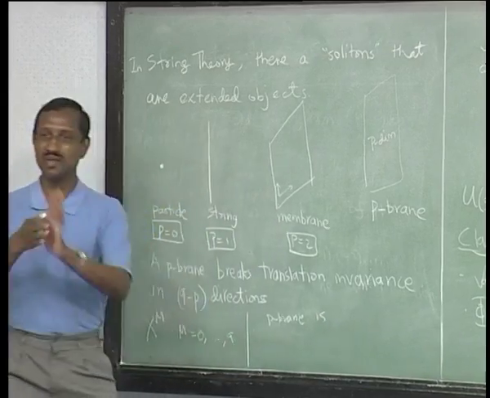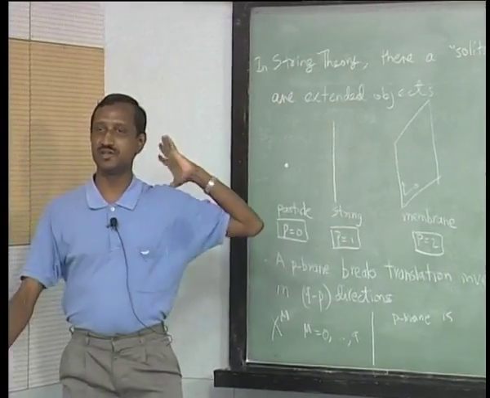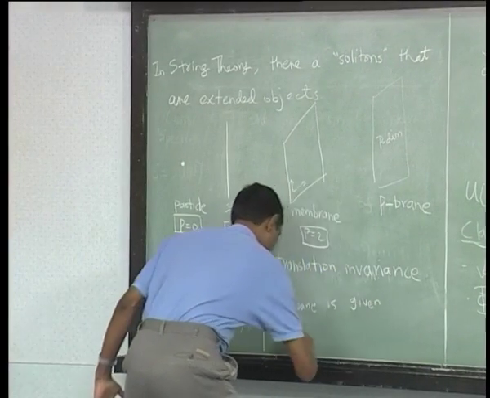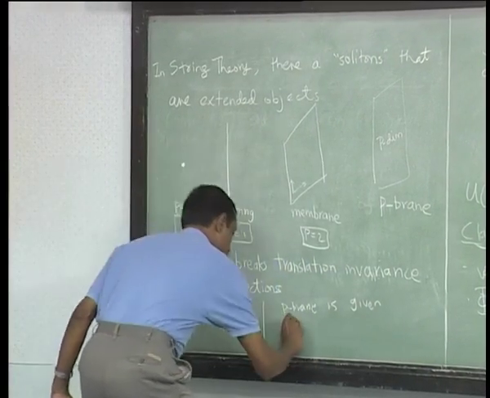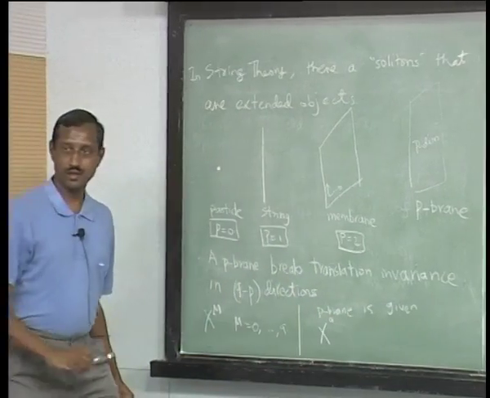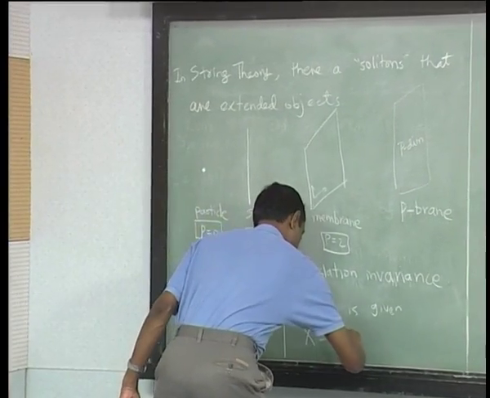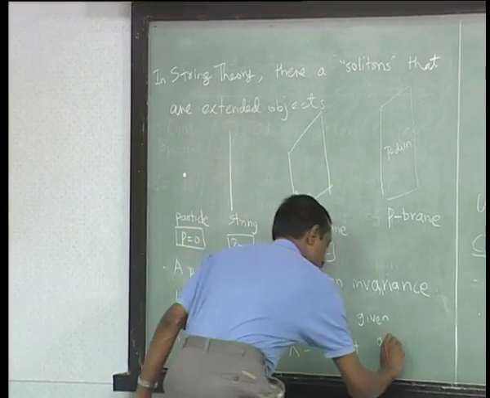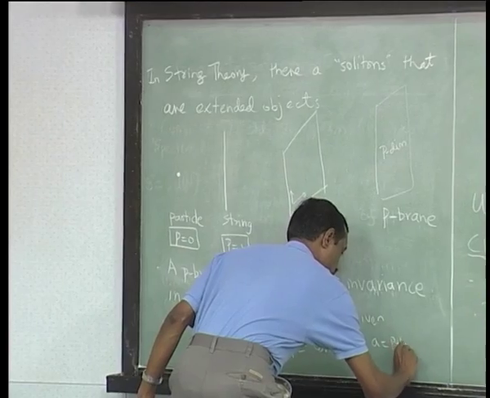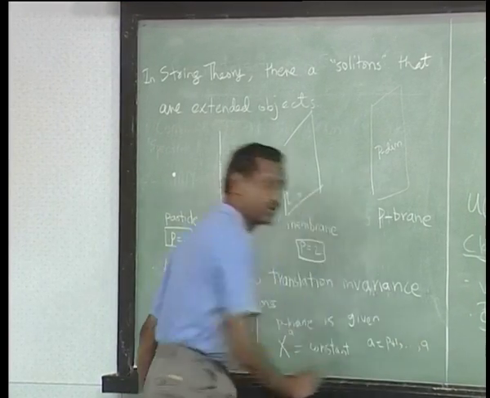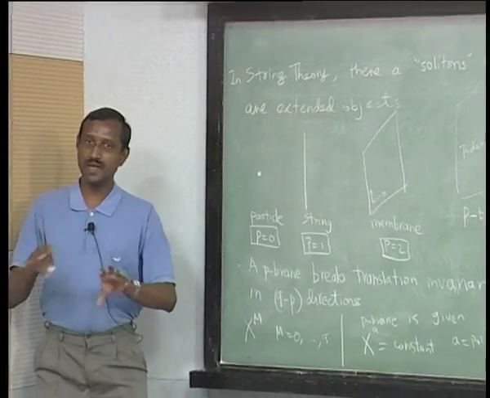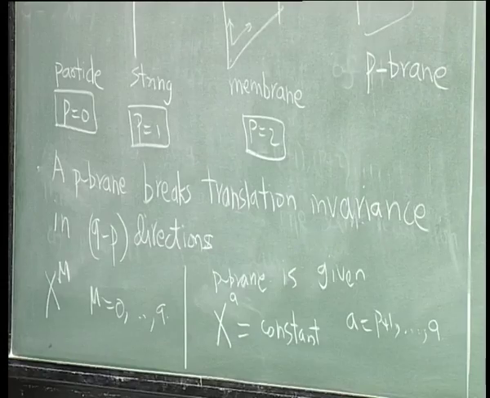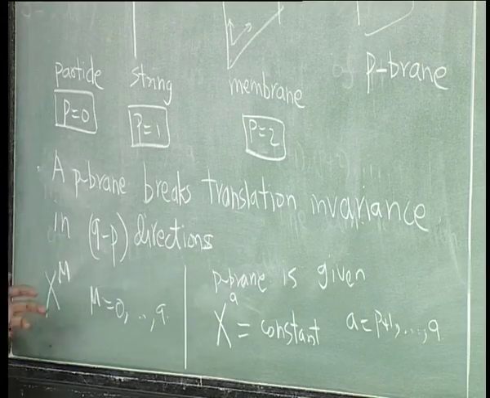What I have in mind is something like a flat sheet, so the p brane is given by saying that x A equals some constants, for A equal to p plus 1 to 9. Notice that the breaking I am doing is exactly like what had happened earlier. So this is what is going on.